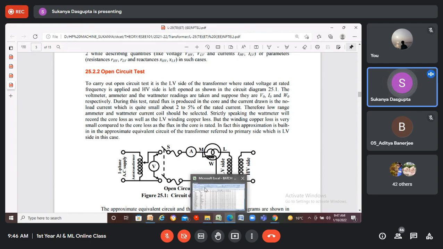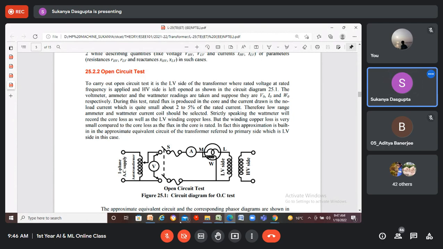So leakage flux will create the effect of magnetizing reactance as well as the loss component of current supplying the core loss, etc. in the transformer operation, right?